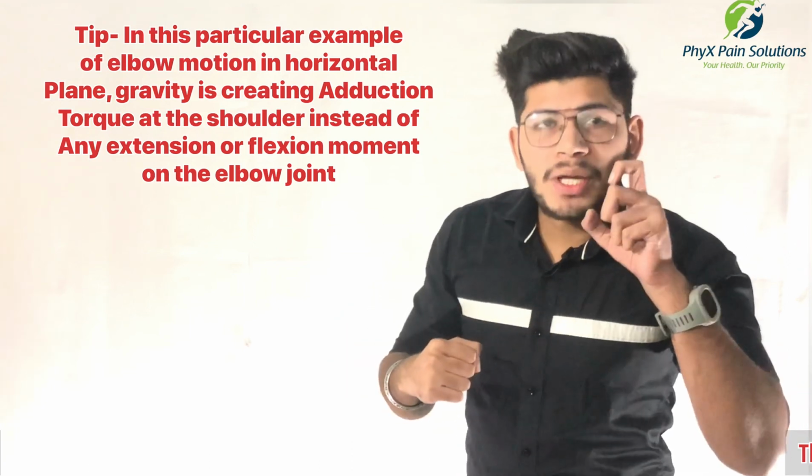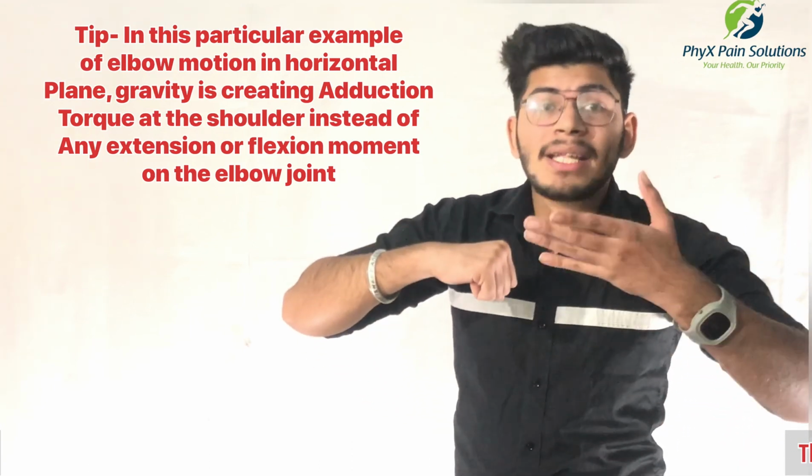We call this a gravity minimized plane because of two factors: the decrease in the moment arm, and the line of gravity, or the center of mass of this segment, passing through the axis of this motion, which decreases the moment arm of the external gravitational torque to nil. That's why gravity is minimized in this segment.